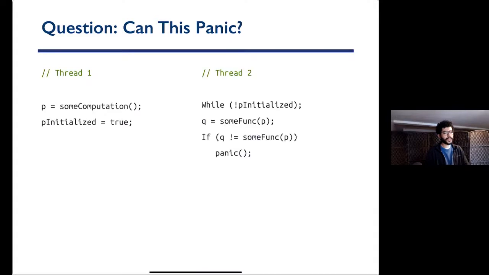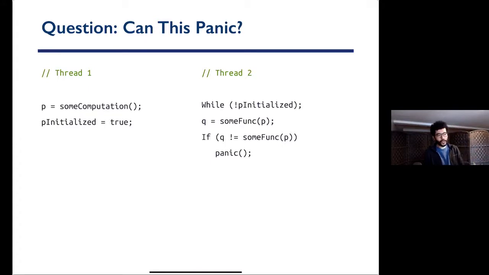So I have 2 threads here. Thread 1 sets P to some computation. There is this function that does some computation, and the result goes to P. Once this is done, we set P initialized to true, so that P initialized is supposed to become true once P is initialized.